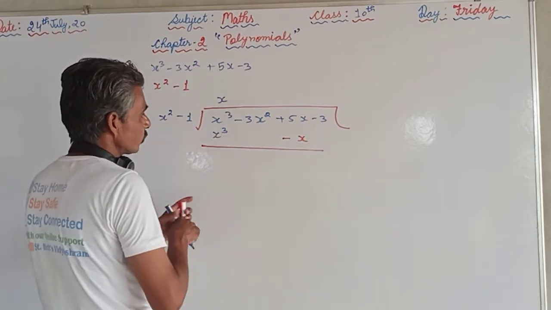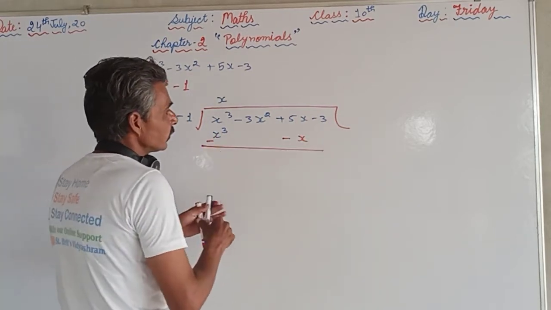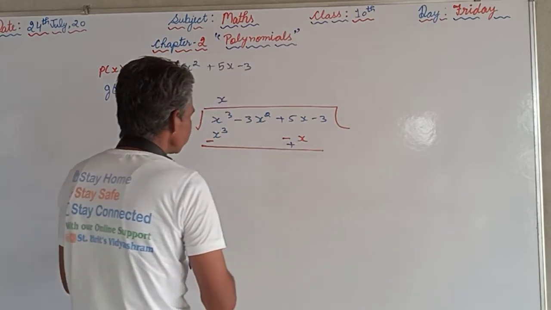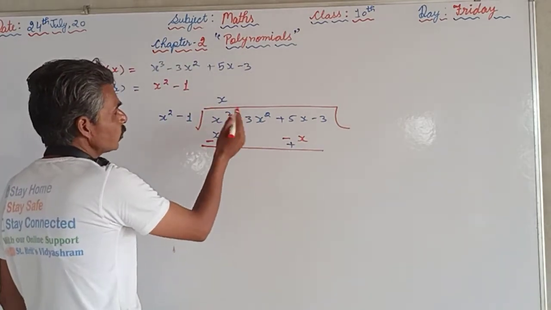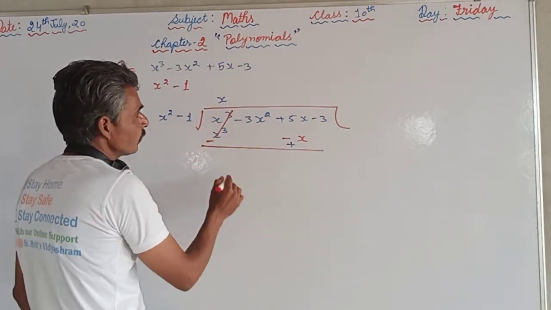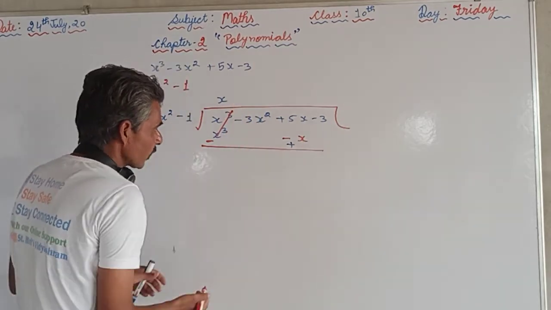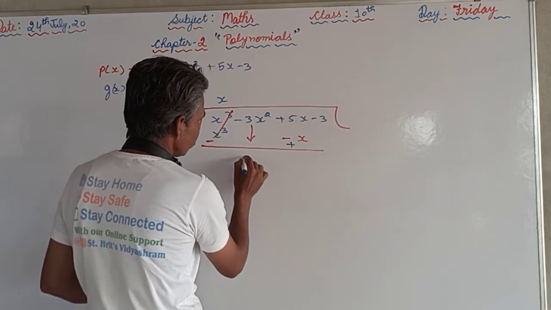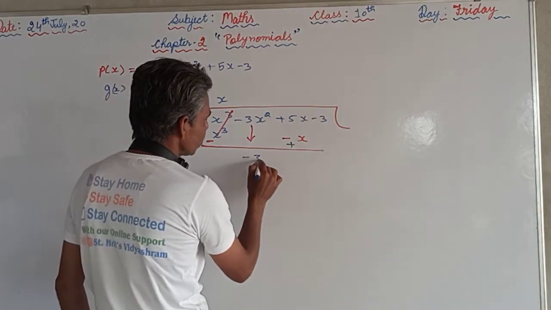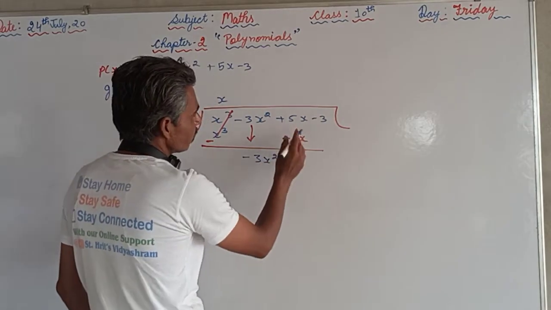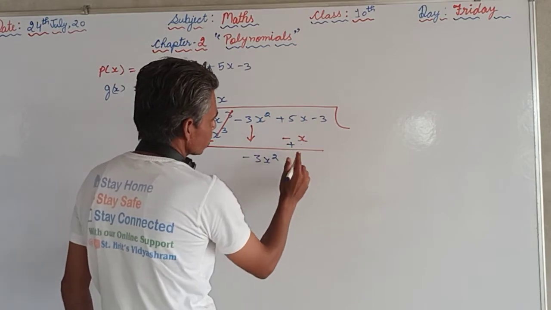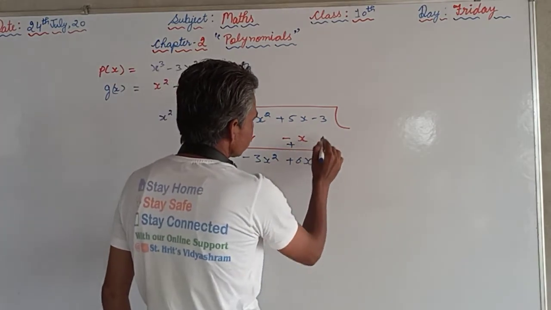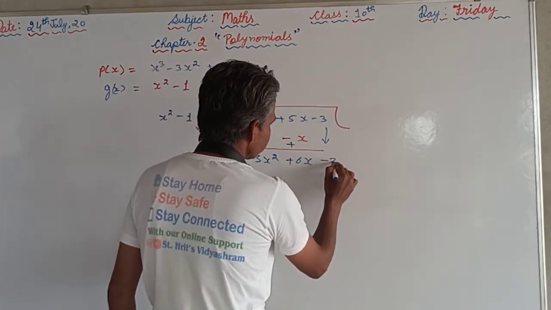This is positive, so it will become negative, this is negative, it will become positive. Plus x cube will cancel out minus x cube, and the remaining terms we write down here, along with the sign, minus 3x square. This will become plus 5x plus x, means plus 6x, and it will come down the same.